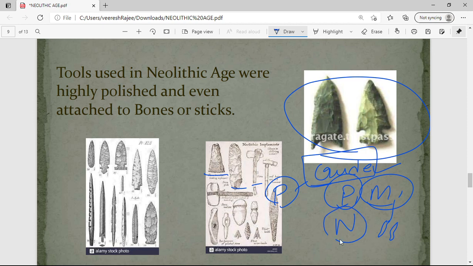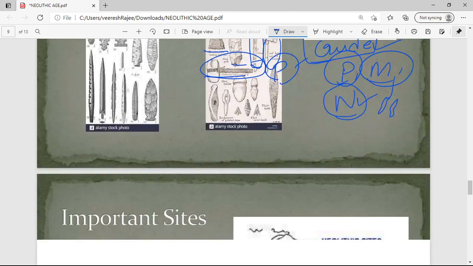But the Neolithic man used tools which were highly polished, and he used to make the tool and attach it to either bones or sticks and use it. That was a major difference between the tools used by Paleolithic, Mesolithic and Neolithic man.